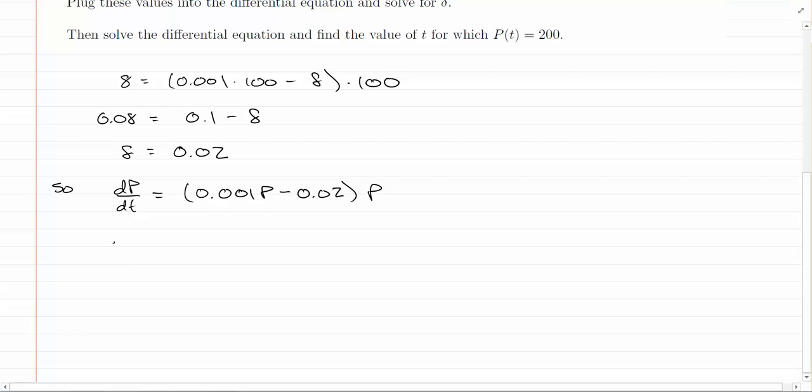I'm going to do a couple things to that. First thing I'm going to do is put this p right here out front. And then from what's in the parentheses, I'm going to factor out the 0.001.